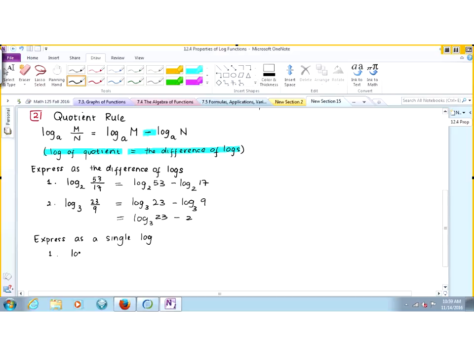Number 1: log base b of 36 minus log base b of 4. And then log base a of 5 minus log base a of 13.